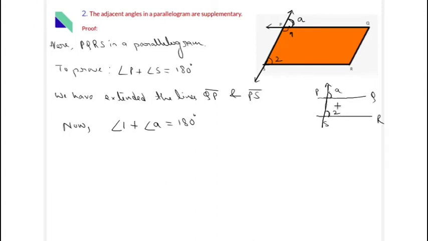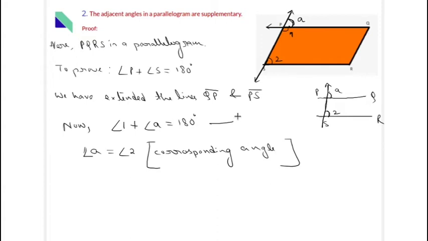That means angle A is equal to angle 2. How? Because they are corresponding angles. Angle A is equal to angle 2 because they are corresponding angles.